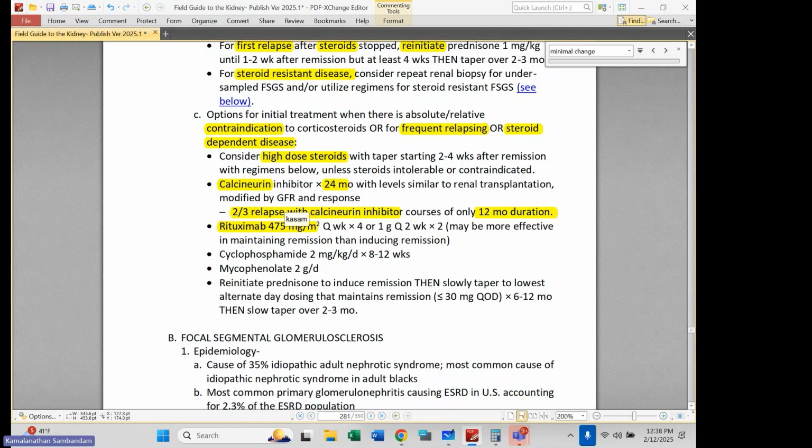Rituximab seems to be a reasonable intervention, and you can do the monthly ×4. I've always done the 1 gram ×2 for obvious reasons. It's just easier. And this is a drug that, the way I use it in general, in minimal change and in FSGS, is to keep people in remission. I don't use it as monotherapy in order to get a relapsed patient or a new presentation into remission.